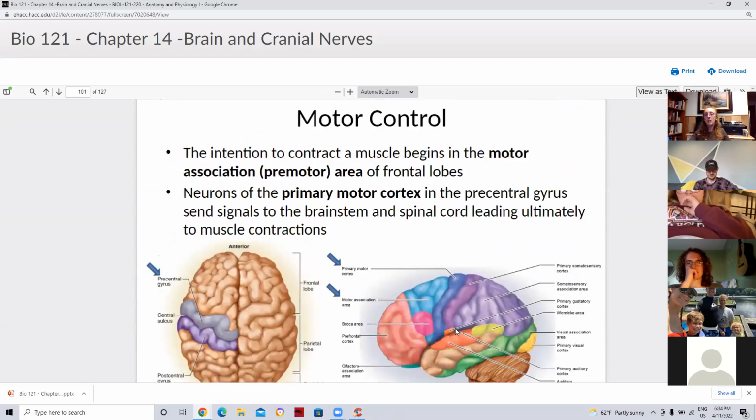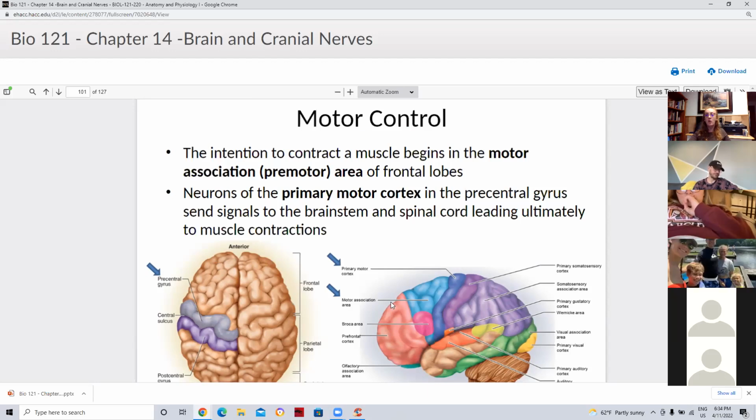The motor area, so primary motor cortex is the precentral gyrus, and the premotor or association area is right anterior to it.